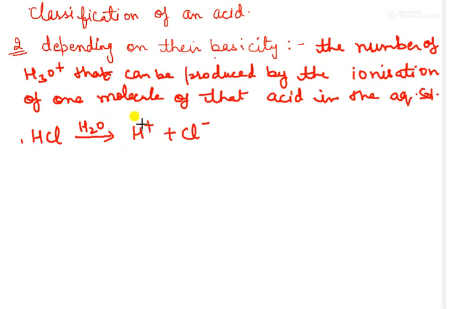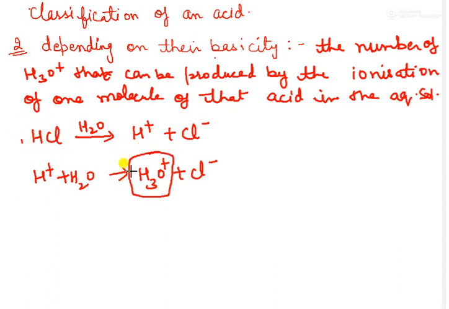This H positive will not exist independently, so it will combine with a water molecule and form a hydronium ion. So this HCl produces only one hydronium ion. So the basicity of HCl is 1.